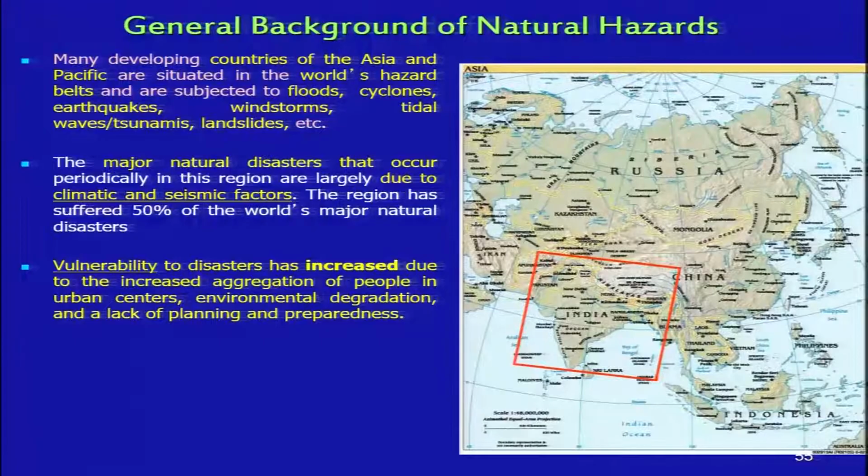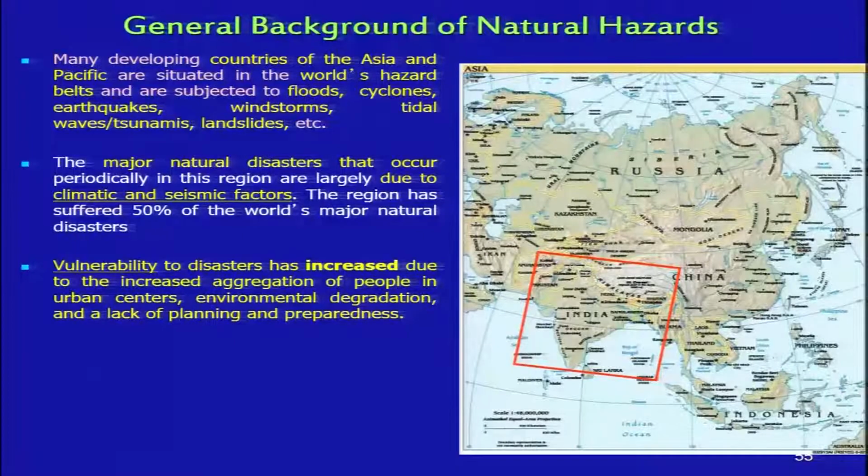Vulnerability to disaster has increased. This is a very important point, and it says that this is because of the increase in population. Even if we consider the case of India or the Indian subcontinent, we know very well that the population is growing exponentially, and we lack proper planning and preparedness.